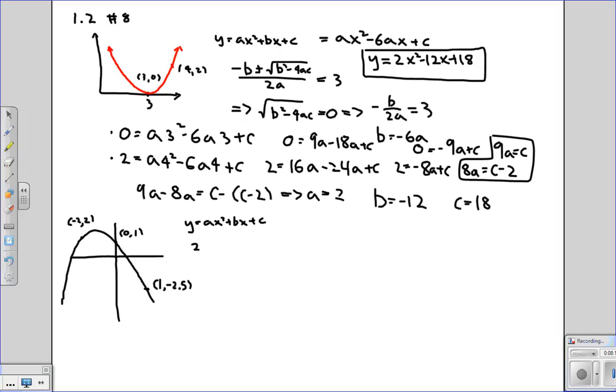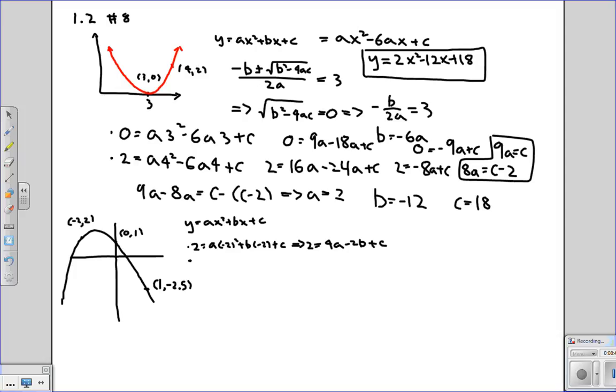That means 2 is equal to a times negative 2 squared plus b times negative 2 plus c. Simplifying this, we get 2 is equal to 4a minus 2b plus c.